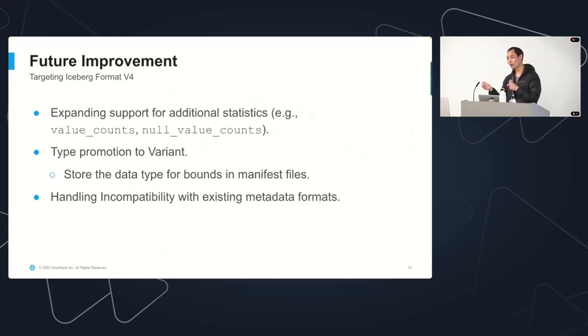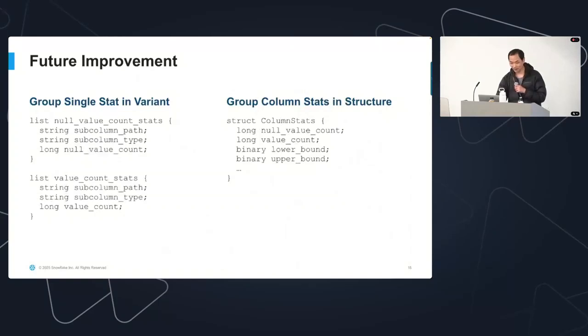But in V4, we can think of storing the data type in bounds, possibly. With that, we know what your original type is and what your new type is for each file. Of course, we need to handle incompatibility because it will not be compatible with V1, V2, V3.